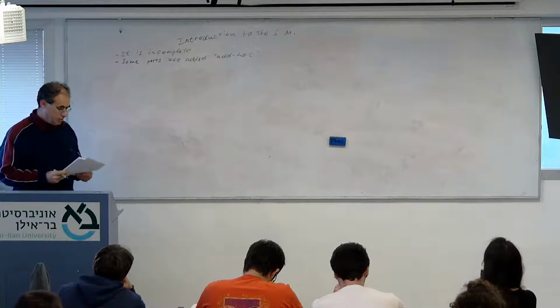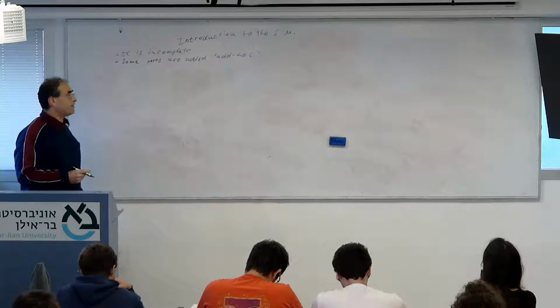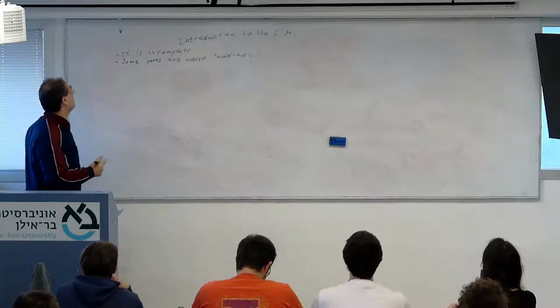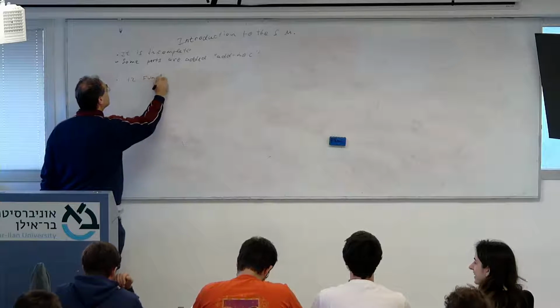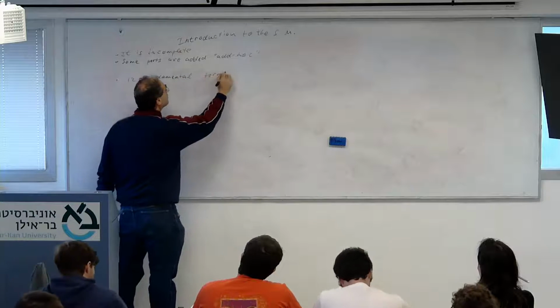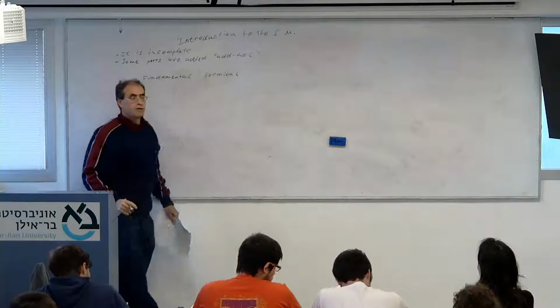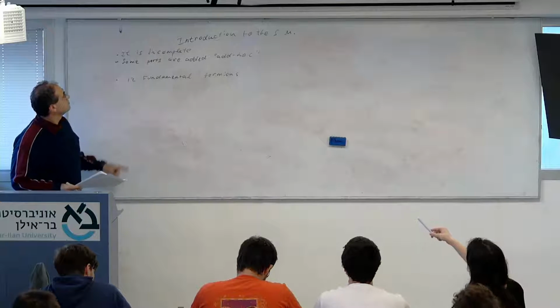So I said in the standard model we have three types of particles. The fundamental particles are 12 fundamental fermions. They all have spin 1/2.